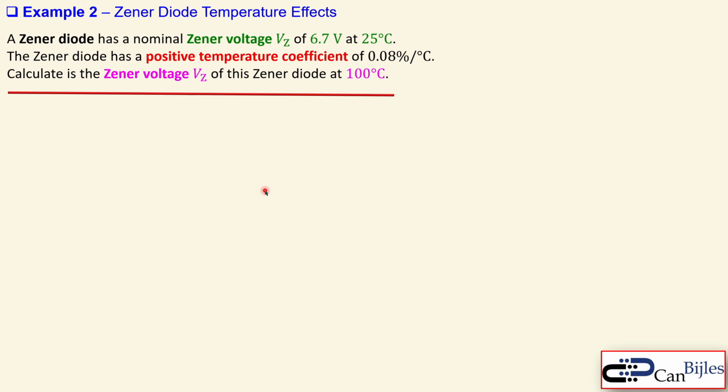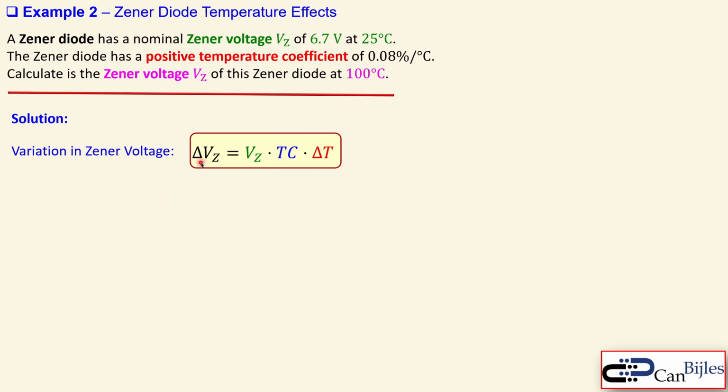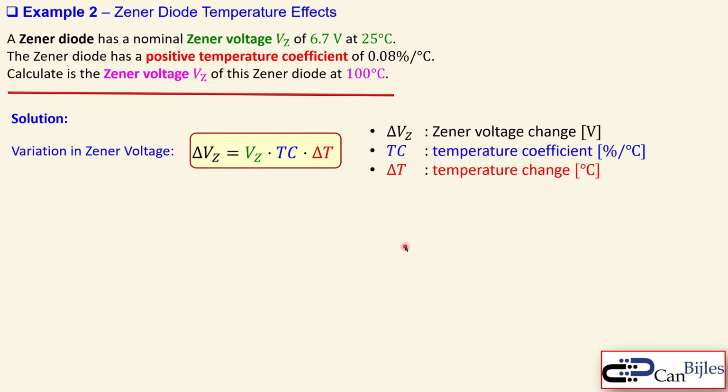So what's happening? How do we calculate this? Now the variation in the Zener voltage must be calculated using this formula, because we have the percentage per degree for the temperature coefficient. It's positive, that means it will go up. Again, the parameters in this formula are the temperature coefficient and also the change in the temperature.